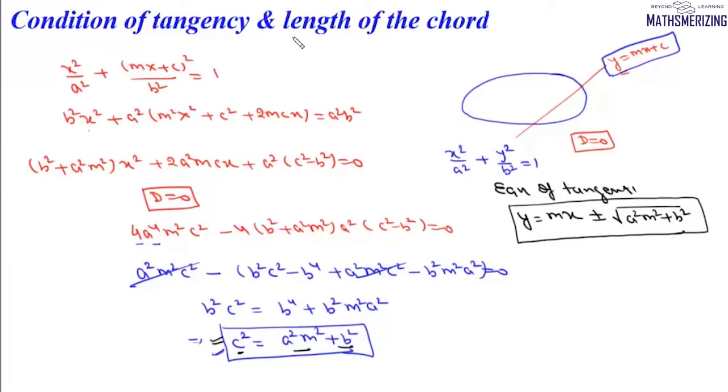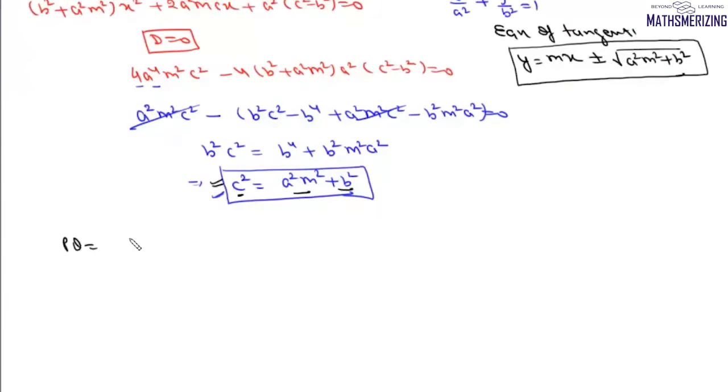Now we'll come to the second part, which is length of the chord. Now suppose this point is x1, y1 and this point is x2, y2. Now we can write distance between PQ as under root of x2 minus x1 whole square plus y2 minus y1 whole square.